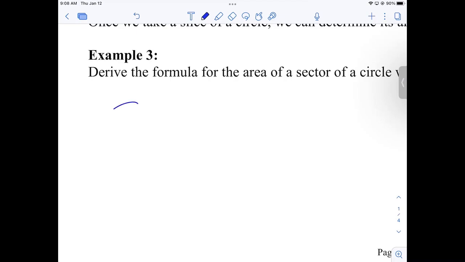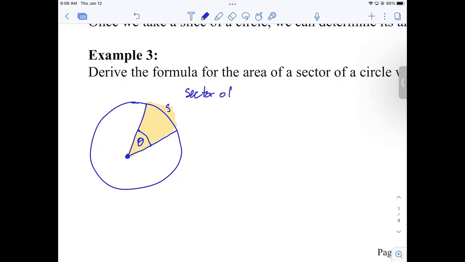Here's what we want. If I have this right here, and this is angle theta, and this is S, this is called a sector of a circle.